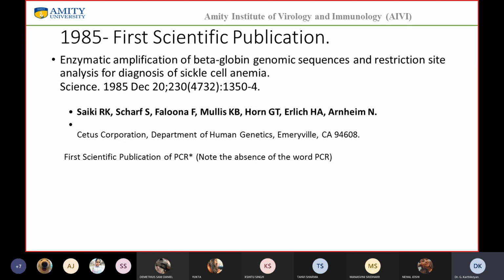This was published from a company called Cetus Corporation. The person who worked there, Kary B. Mullis, was the one who did the whole work, with a couple of other people. I will probably send out an article by Kary Mullis where he discusses how he discovered the PCR process, how he rationalized the entire process and how he went about doing it.